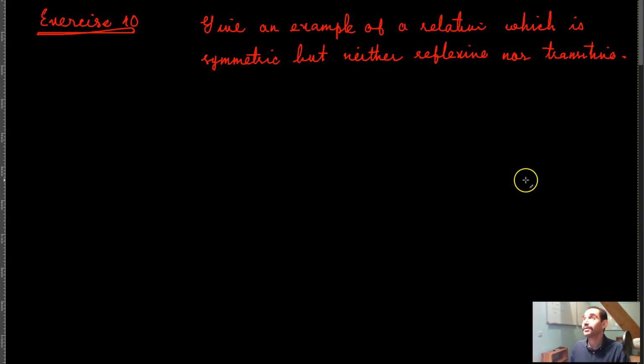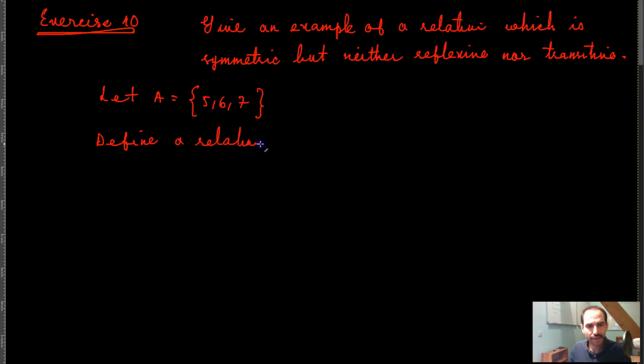Which means that, in the case of the first example, I can say let A be equal to the set {5, 6, 7}, and define a relation on A as R equal to {(5, 6), (6, 5)}.